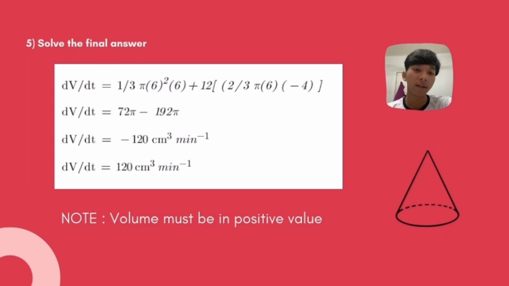And we will get dV/dt equals 72 pi minus 192 pi, which gives dV/dt equals negative 120 pi cm cubed per minute. But it is not the final answer because the volume must be in positive value. So the final answer is dV/dt equals 120 pi cm cubed per minute.